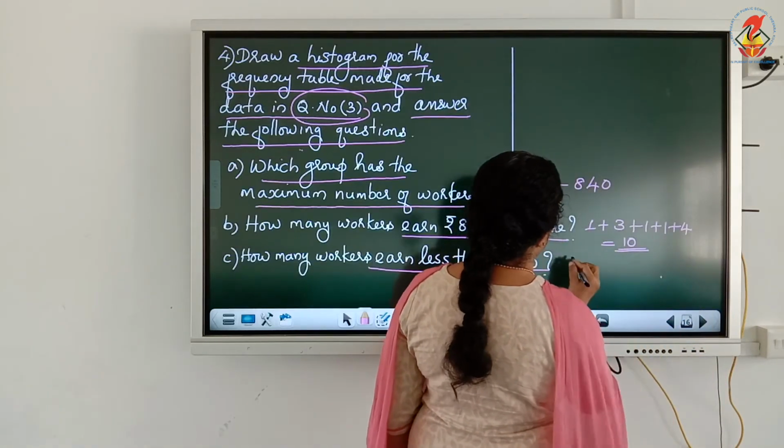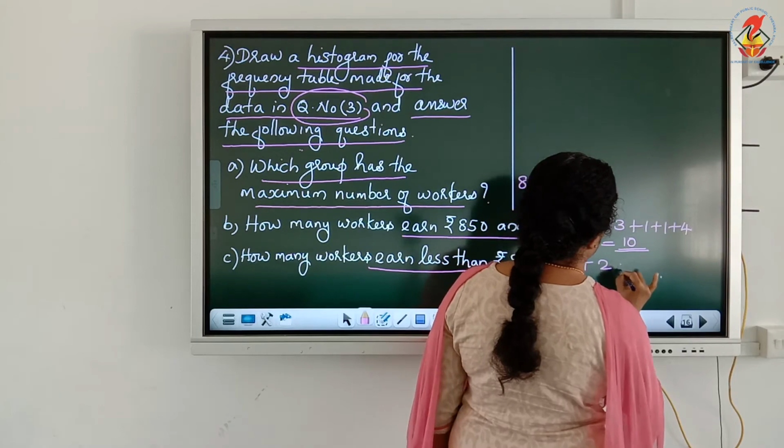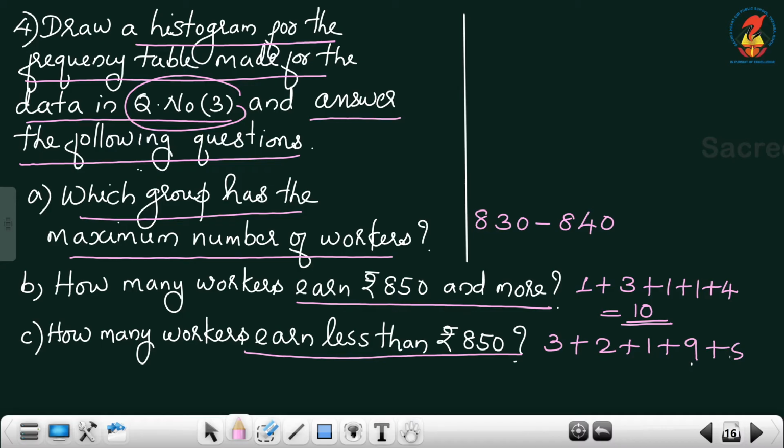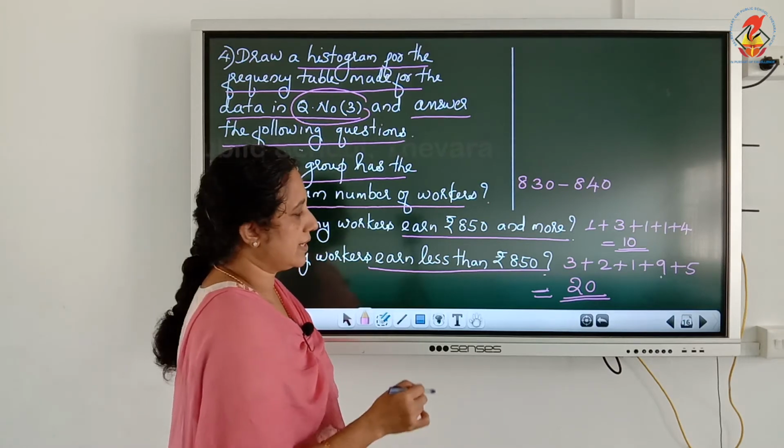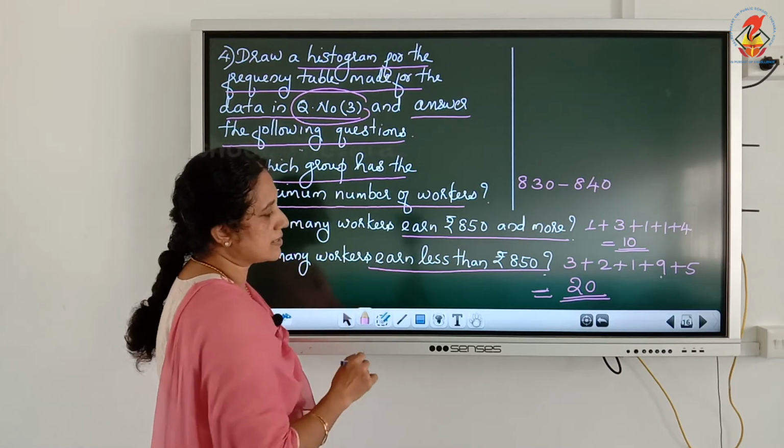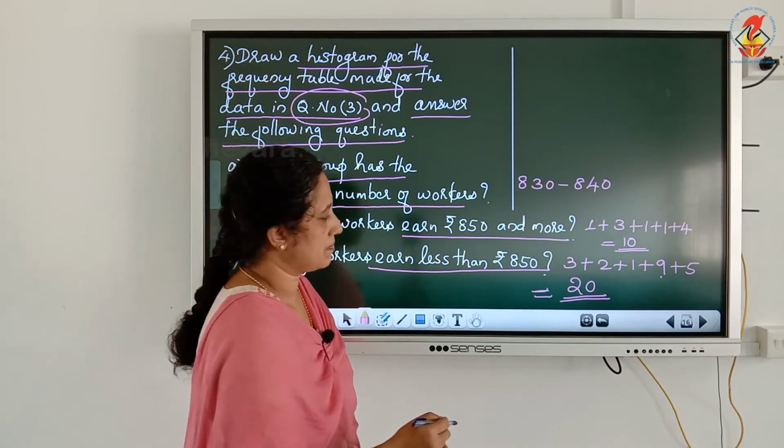So 3 plus 2 is 5, 5 plus 1 is 6, 6 plus 5 is 11, plus 9. So the answer is 20. So 20 workers earn less than 850.